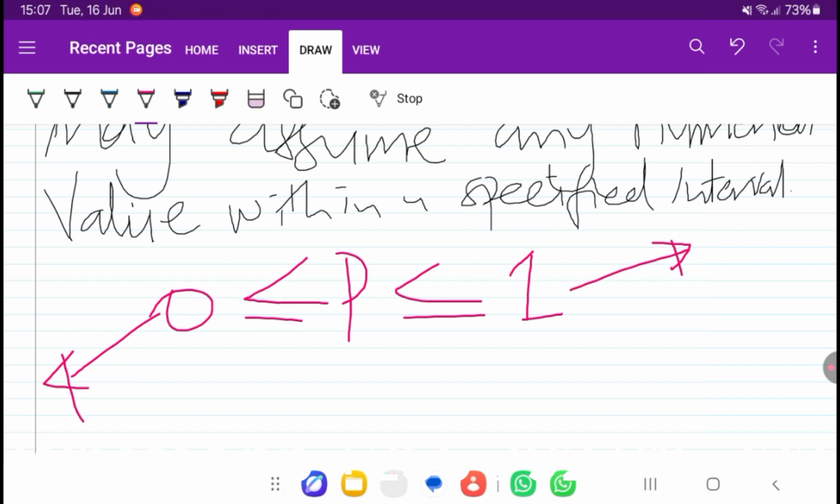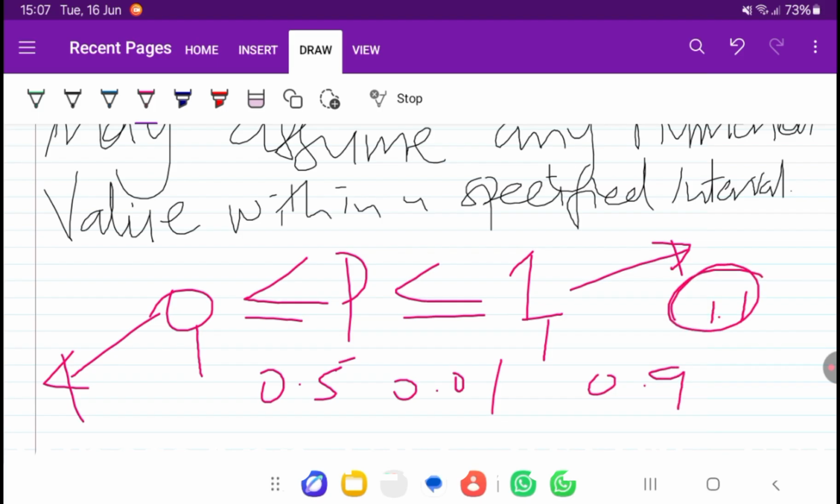So the implication is that we don't have negative probabilities, but we have values between 0 and 1. You can have 0.5, 0.01, 0.9, but you can't have 1.1. These ones don't exist. So these are values that can exist in a given range.